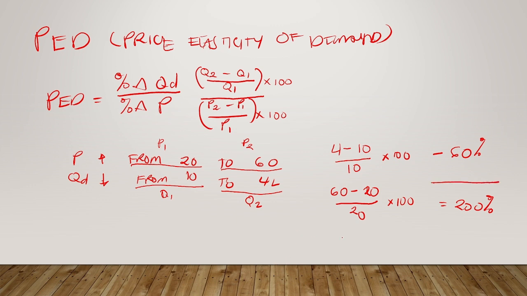So how much would be the answer? Negative 60 divided by 200% gives us negative 0.3. As you can see, it's negative. When we answer PED, we always take it as an absolute value, therefore you ignore the sign.